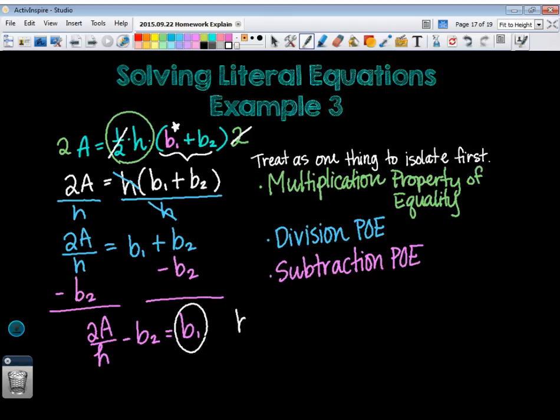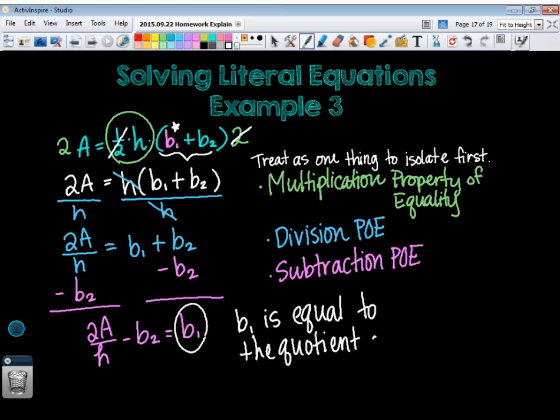So we can say that b1 is equal to the quotient of 2a and h minus b2. And there you have it.